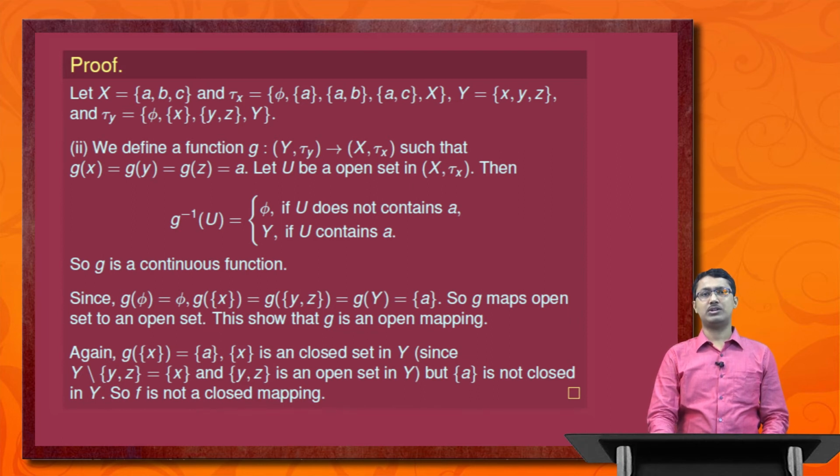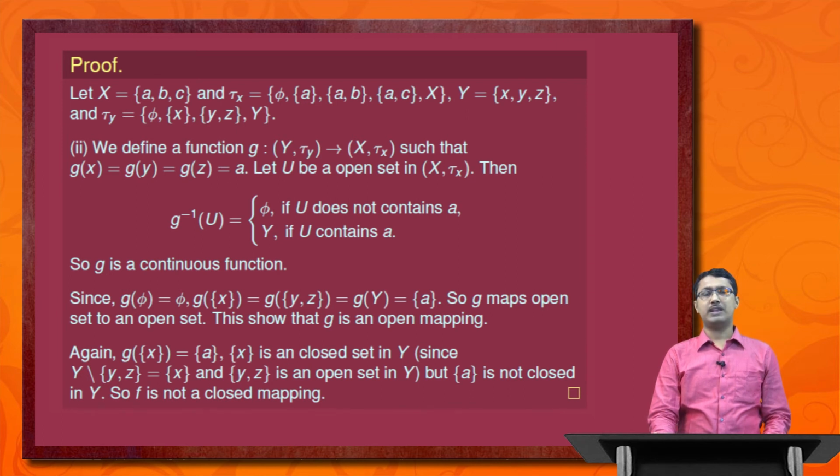So G is a continuous function because phi and Y both are open, so the inverse image of an open set is open. Since G of phi is equal to phi and G of {x}, G of {y, z} and G of Y all go to {a}, G maps an open set into an open set. This shows that G is an open mapping.